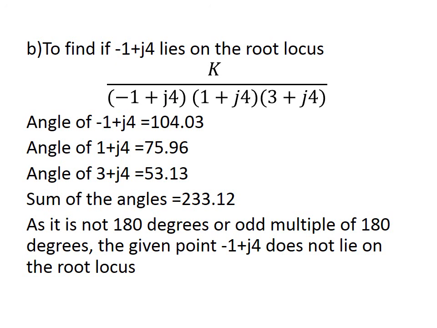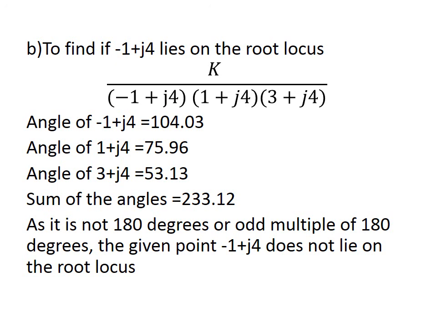We substitute in the same way: s gives -1 + j4, s+2 gives 1 + j4, and s+4 gives 3 + j4. Through rectangular to polar conversion, the angles I have got are 104, 75 and 53.